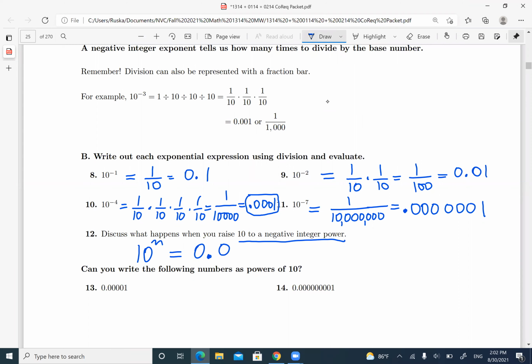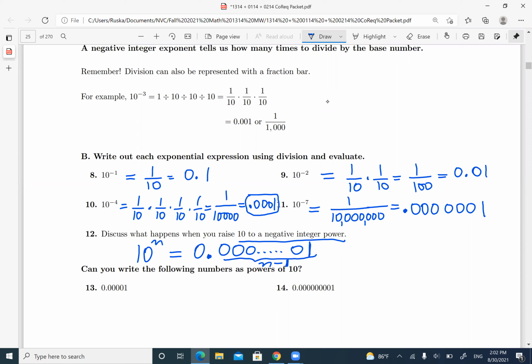And then how many zeros do I have to have here? N minus 1. One number less, okay? You got it?